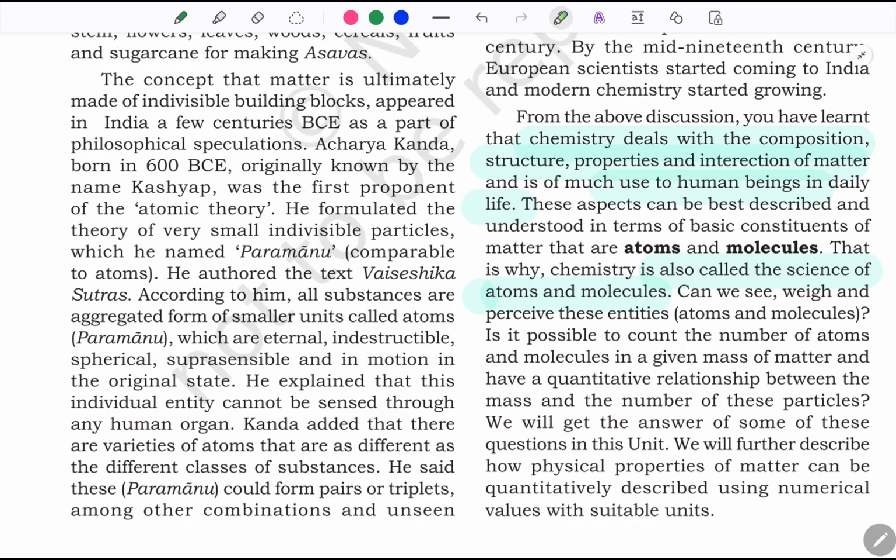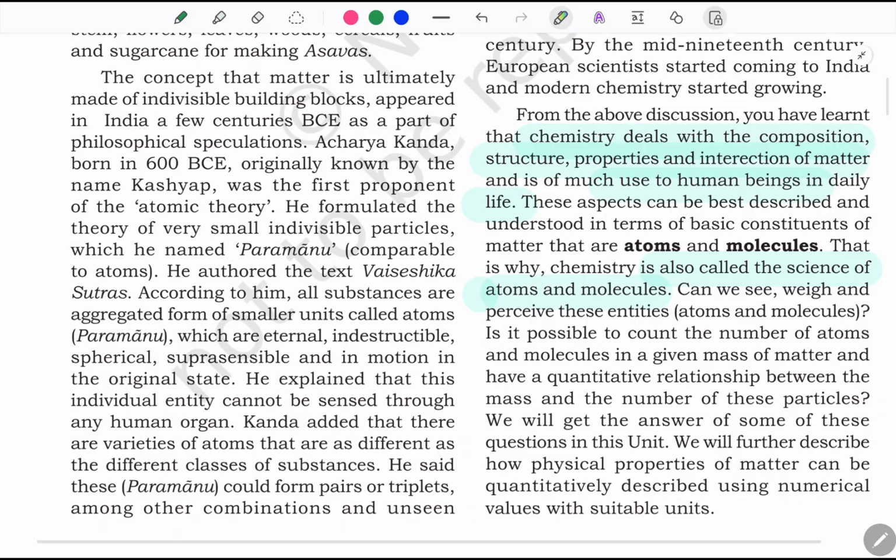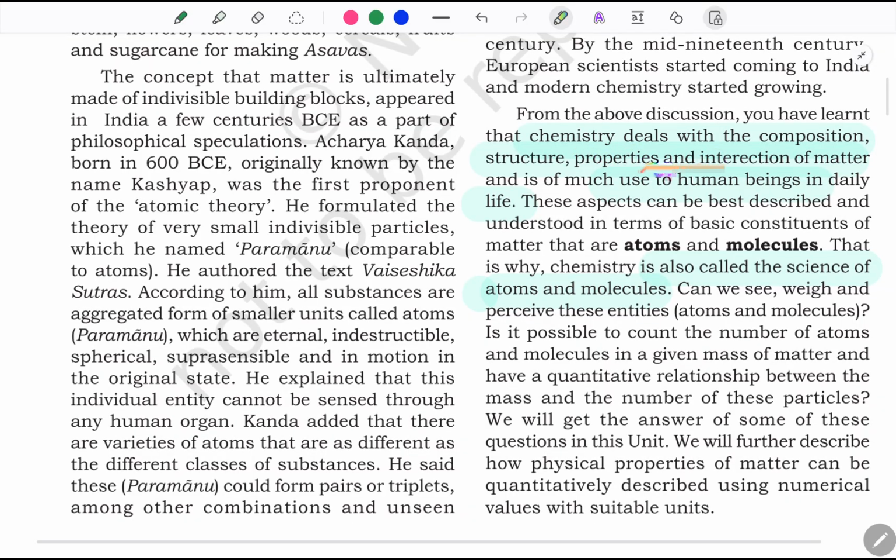So here, the definition of chemistry: we can see that chemistry deals with the composition, structure, properties, and interaction of matter, and is of much use to human beings in daily life. So the first important point here is, what does chemistry deal with basically? Chemistry deals with everything which has to do with matter.